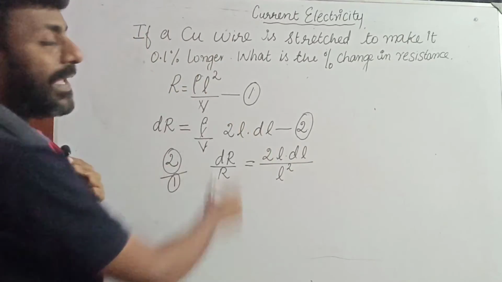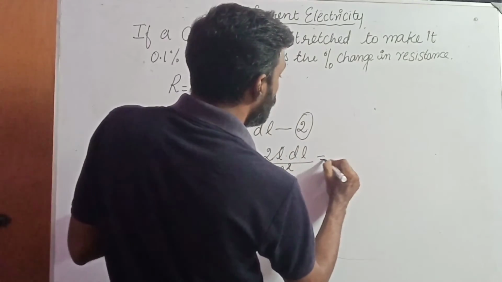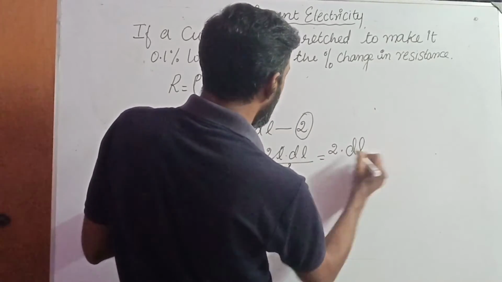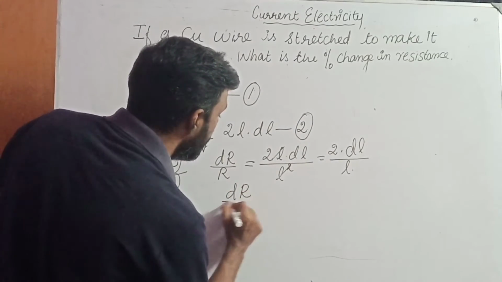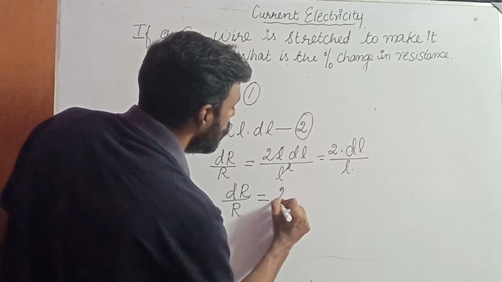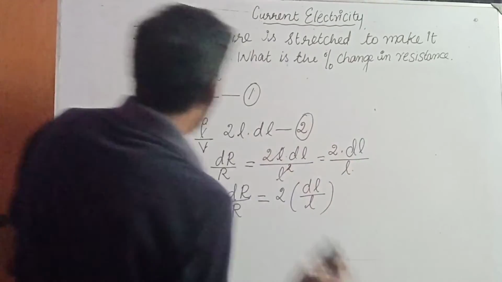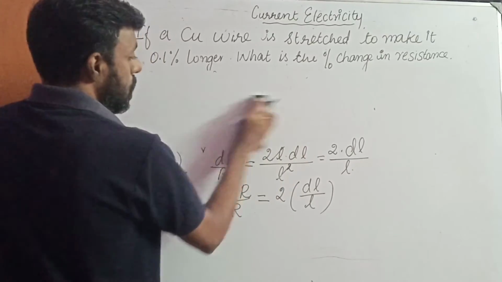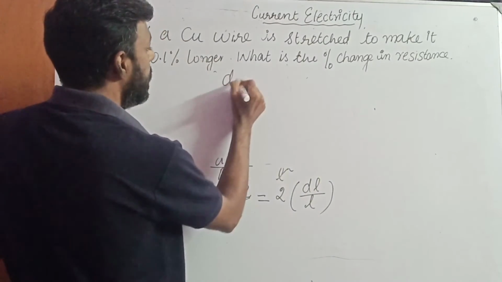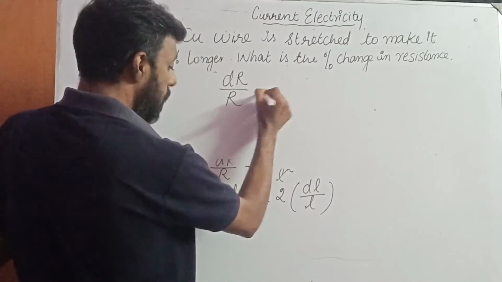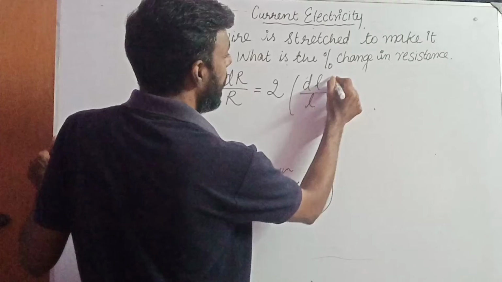Now L gets cancelled, so I am left with 2 into dL divided by L. Therefore dR by R equal to 2 into dL divided by L.